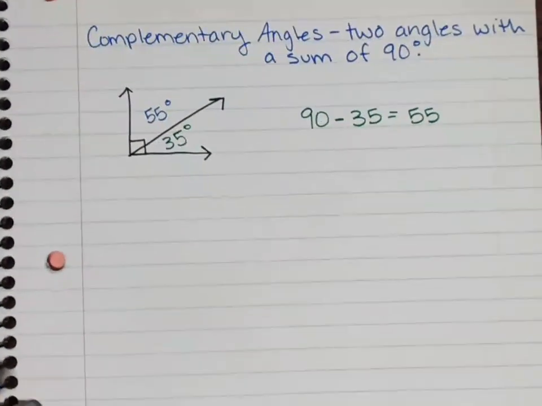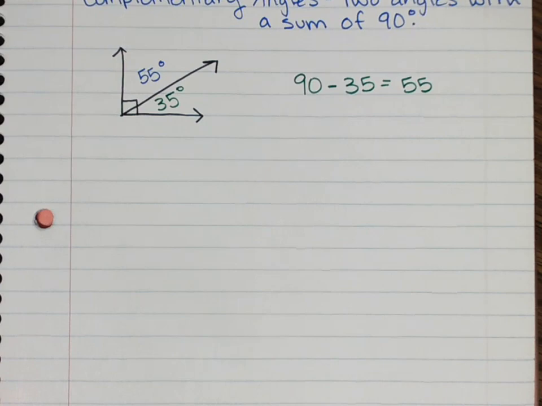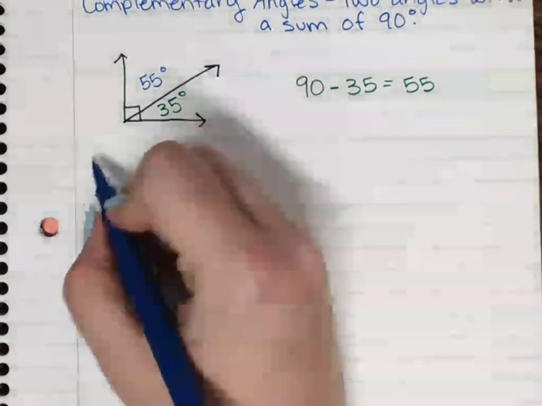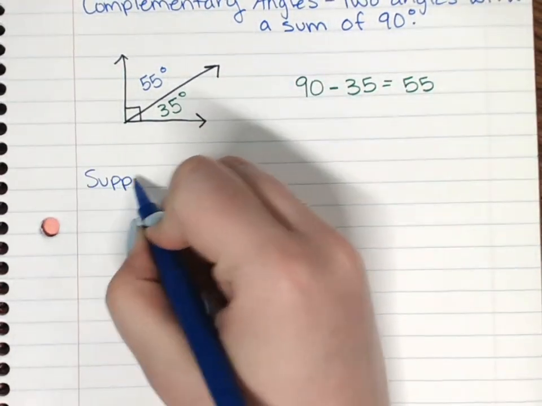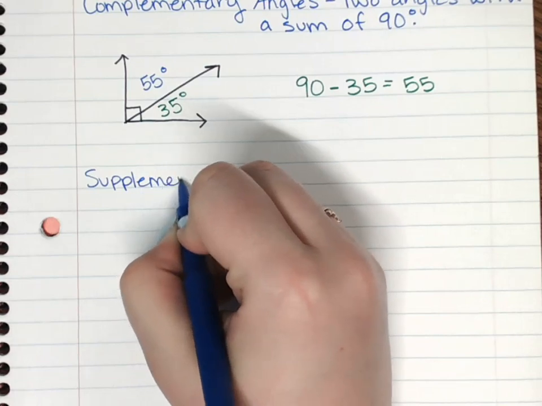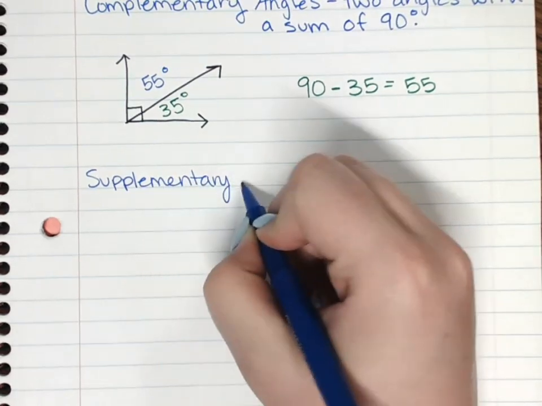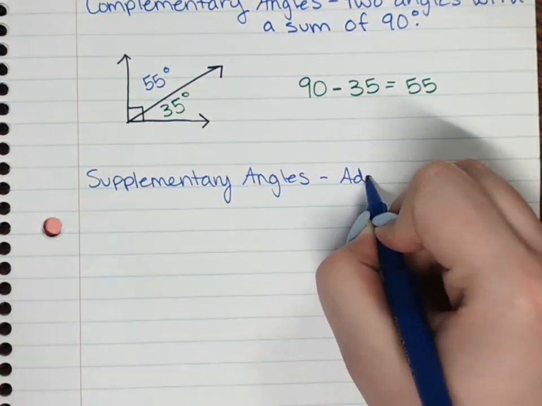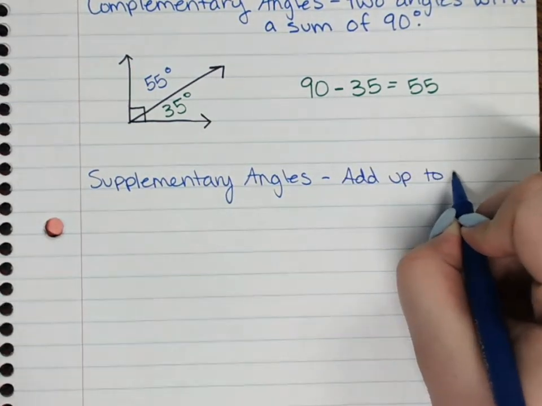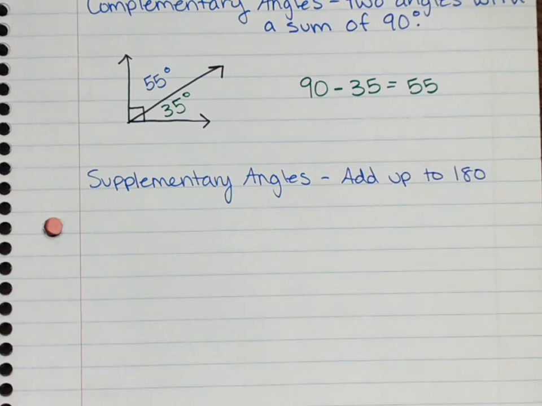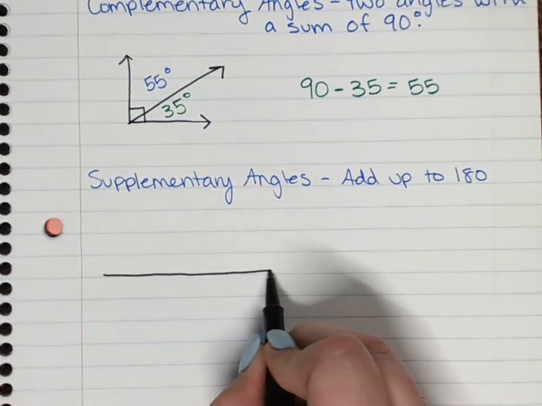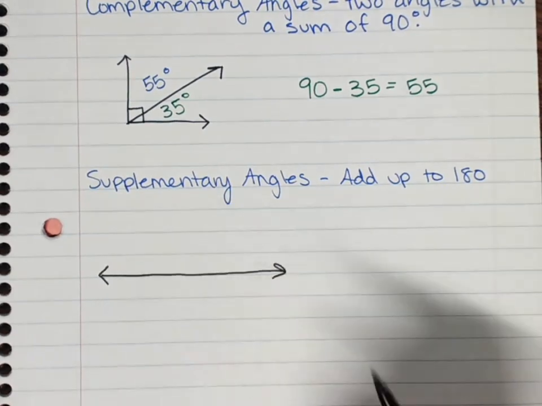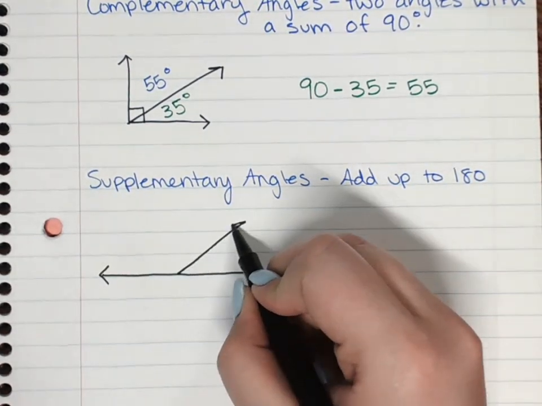Now we're going to talk about supplementary angles. Supplementary angles add up to 180. They don't have to be adjacent again, but in this case they will be. So I have a straight line that represents 180 degrees, and I have a line here.